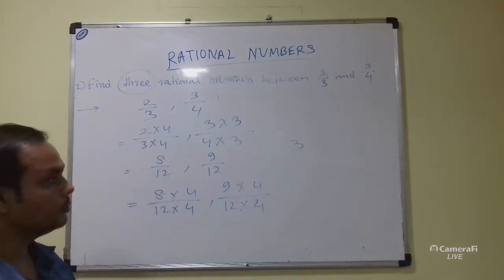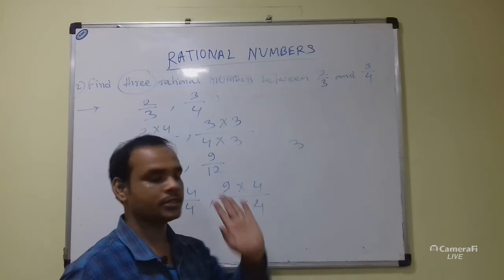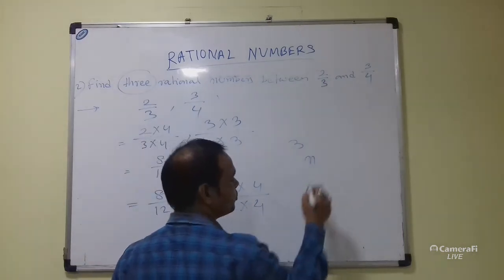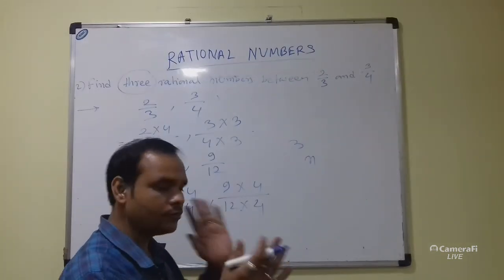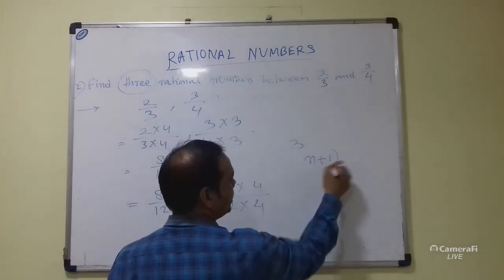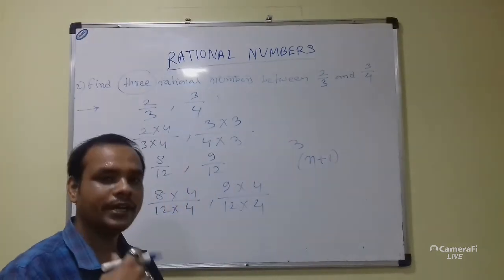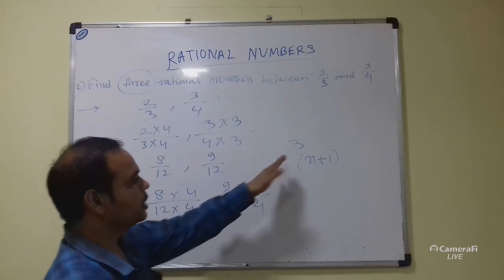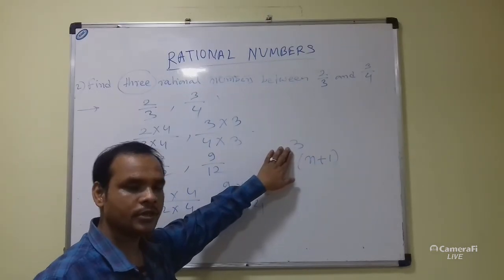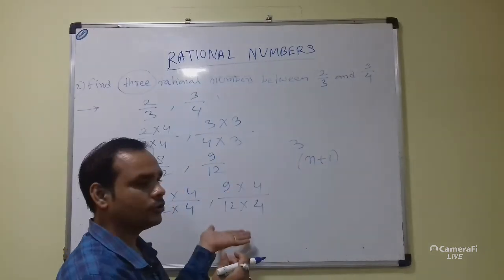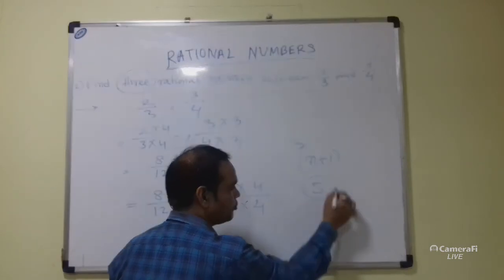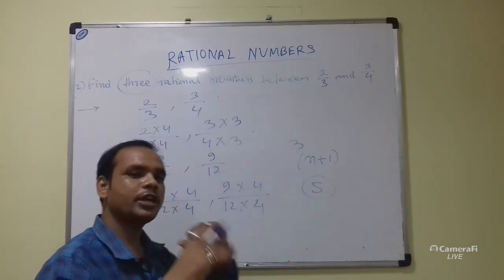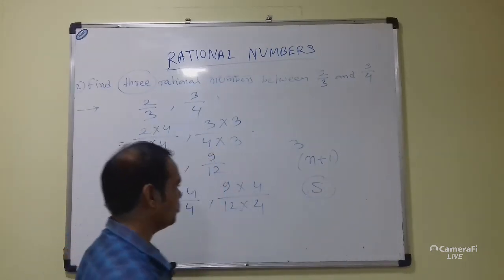Why am I taking 4? Because we have to find three rational numbers. If we have to find n rational numbers, then we have to multiply by n plus 1. So when we have to find three rational numbers, we multiply with 4. When we have to find 5 rational numbers, we multiply with 6. I hope you understood.